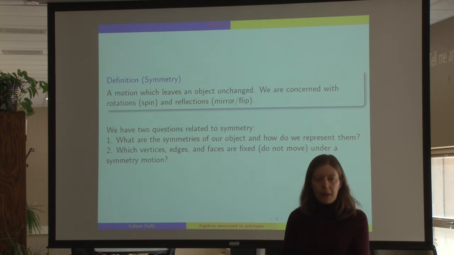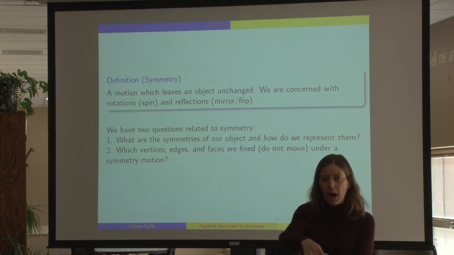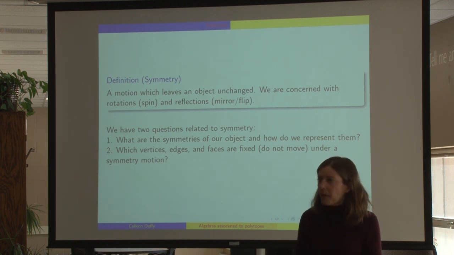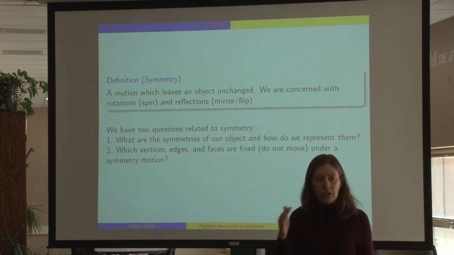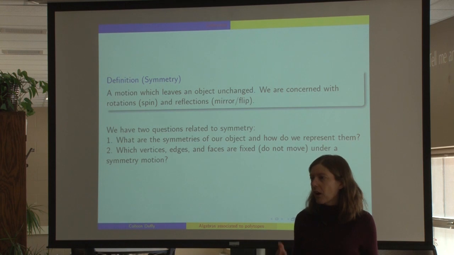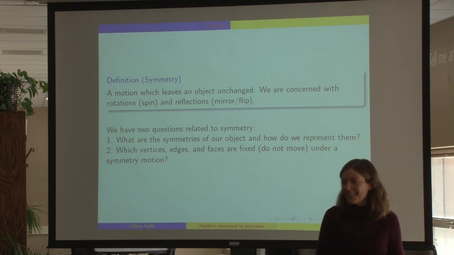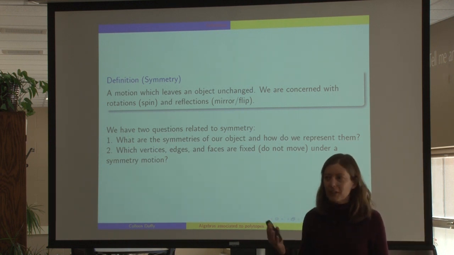And if I flip my paper, then this bottom edge and this top edge are still the bottom edge and the top edge. So those are fixed under the flipping motion. We care about which faces in our objects are fixed under these different motions. We'll get into why we care about that in a bit, but that is what we care about with these symmetries.